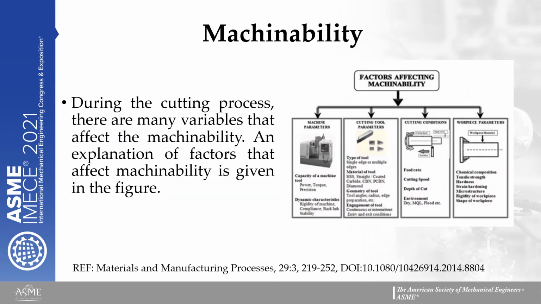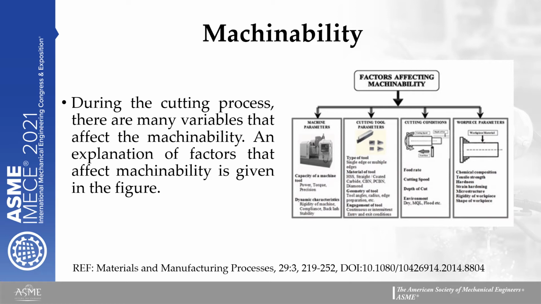In the current slide, it can be seen that machinability is not a very straightforward thing. It is a very complex function of different parameters. So for example, machine parameters such as the power, torque, precision, or dynamic characteristics of a machine tool affect machinability. Also, the cutting tool material and the cutting geometric parameters also affect machinability.